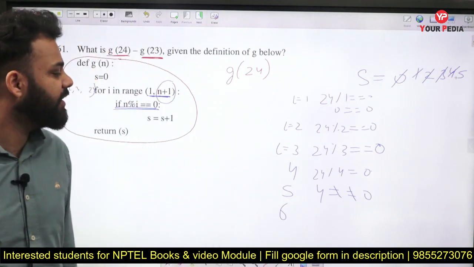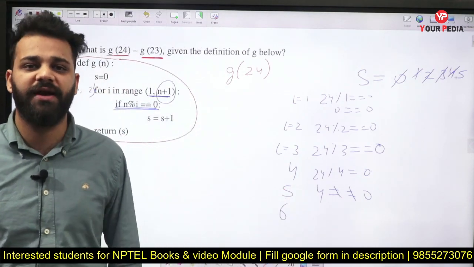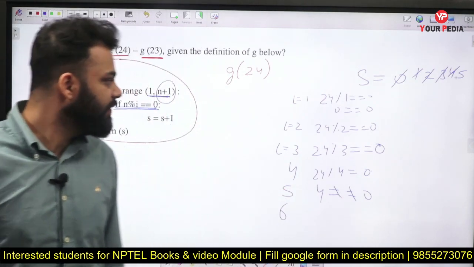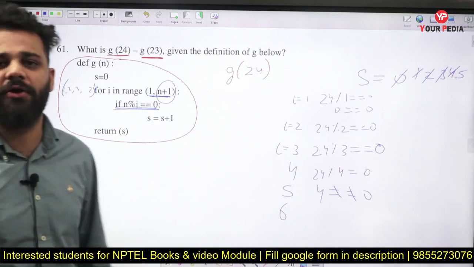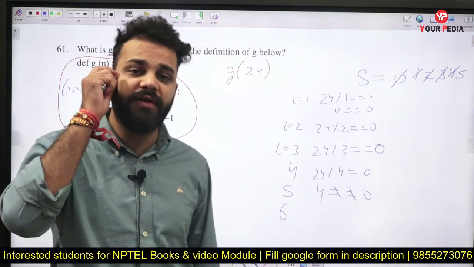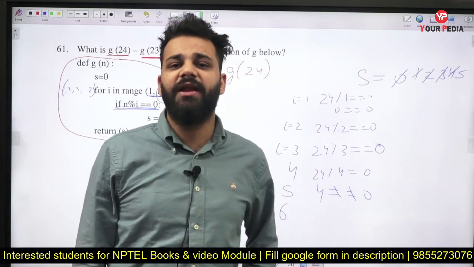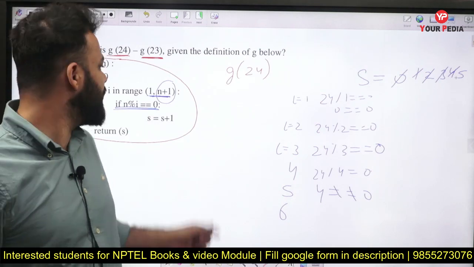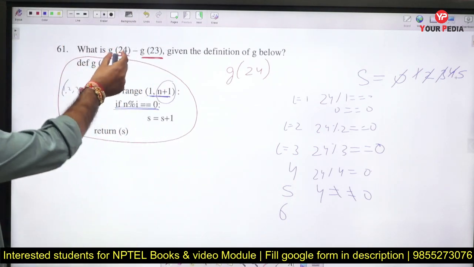But if it is not dividing the number n, for example in case of 5, it is not dividing the number n properly, then we will not enter this if statement and s will not be incremented. So what the code is doing is, it is incrementing the value only if the number I is a proper factor of the number n.